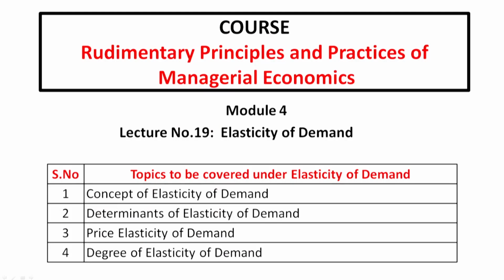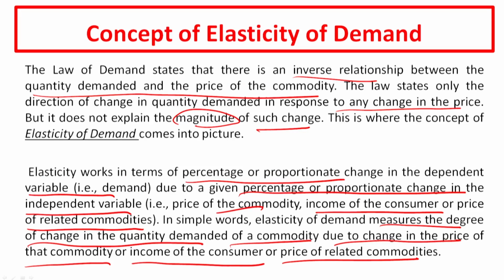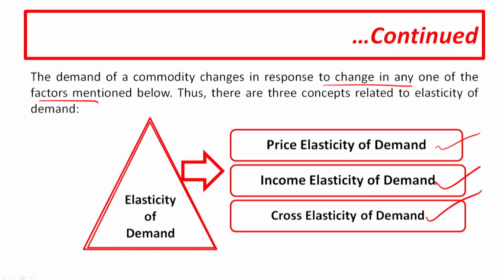I'll just provide a brief gist of whatever we have discussed in this lecture. In this lecture, we tried to cover four topics: the concept of elasticity of demand, determinants of elasticity of demand, price elasticity of demand, and degrees of elasticity of demand. I discussed the concept of elasticity of demand in detail, and then I explained the price elasticity of demand.